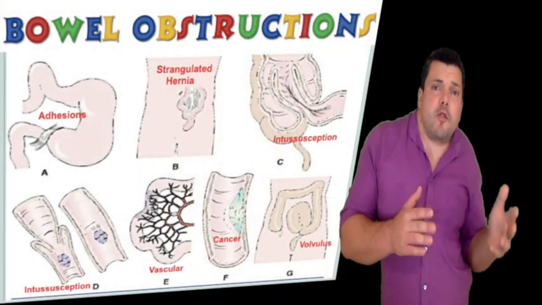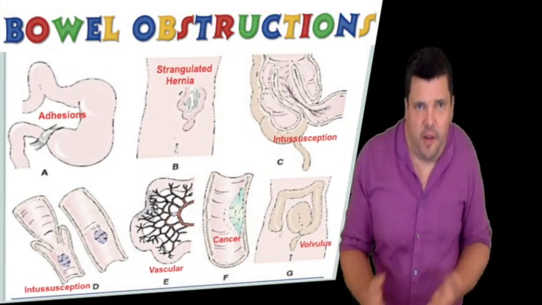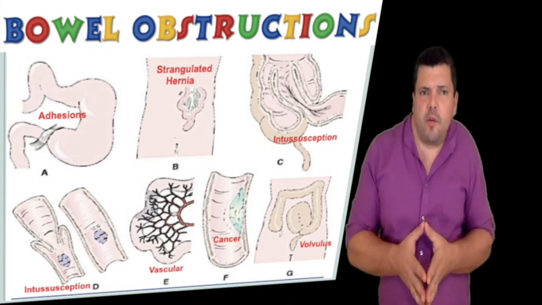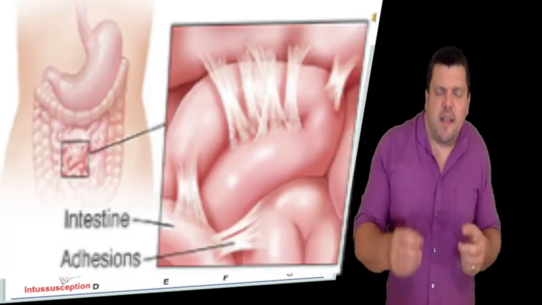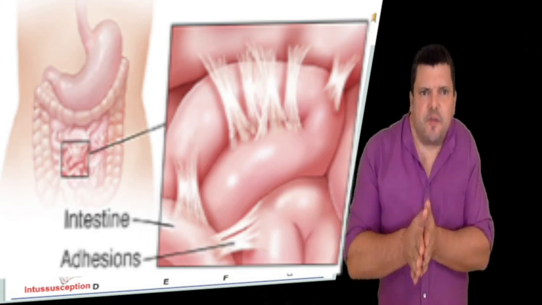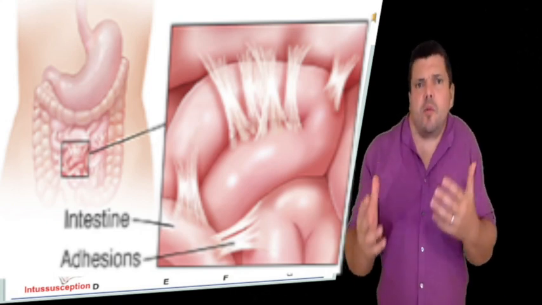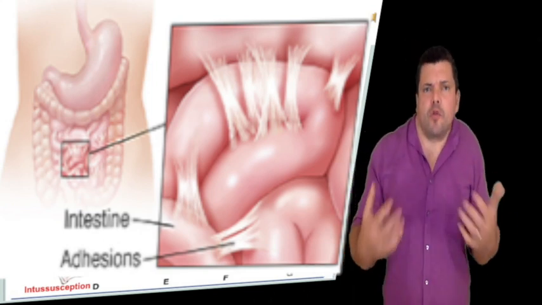The bowel obstructions listed here are meant to add some vocabulary to everything you're learning. Adhesions are basically collections of collagen and connective tissue, usually occurring after an abdominal surgery or trauma.